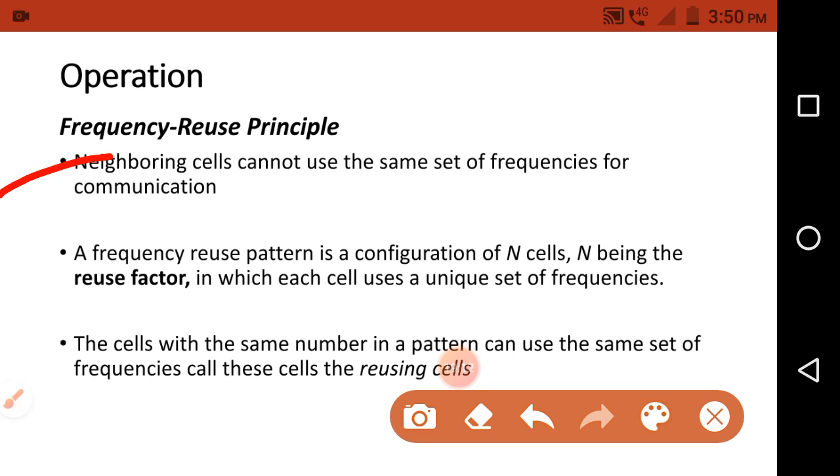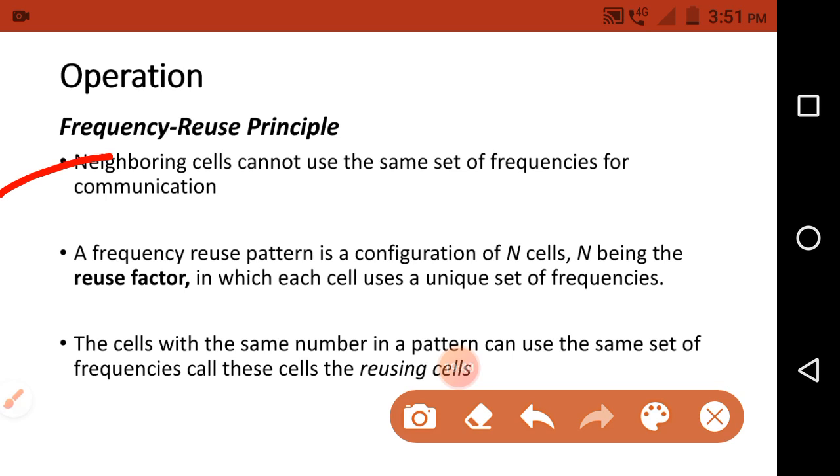Because there would be interference or disturbance for the user who is present at the boundary of the cell. In the cell, mobile devices and users are present. The user at the boundary of the cell can face some disturbance at the time of calling. That's why two cells cannot use the same set of frequencies.